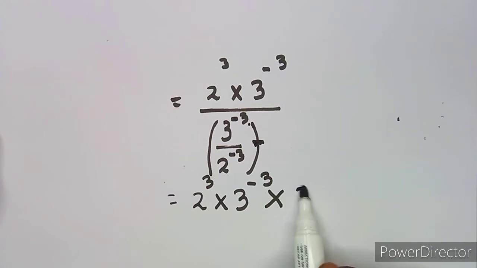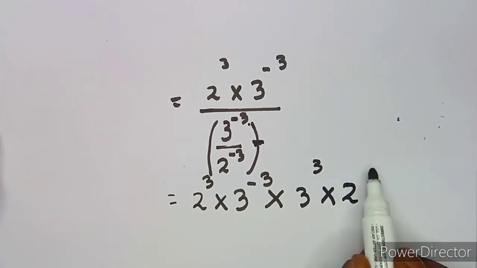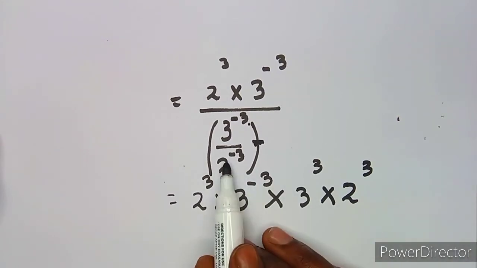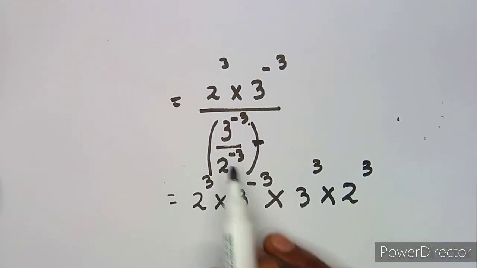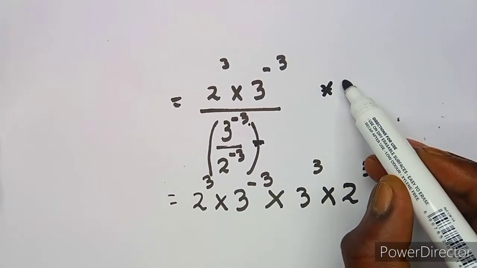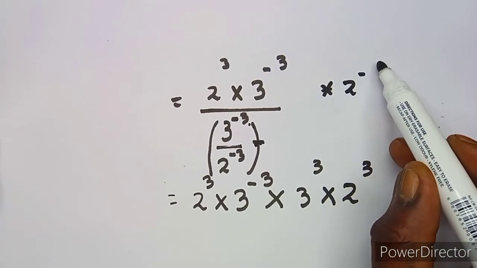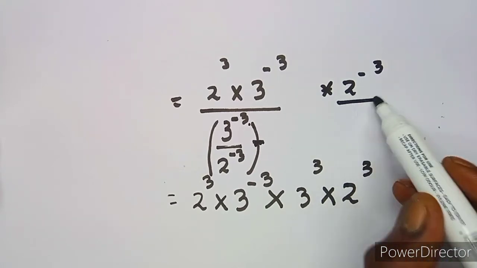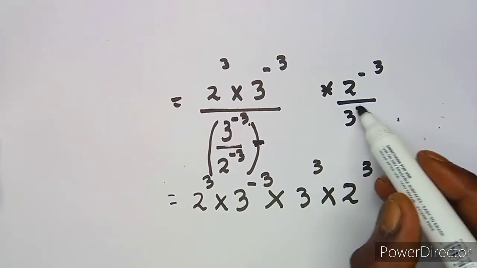So it's going to be 3 to the exponent of 3 over 2 to the exponent of 3 again, and this one is going to be minus 3. Okay guys, let's just do the normal thing. Multiply by 2 to the exponent of minus 3 over 3 to the exponent of minus 3.